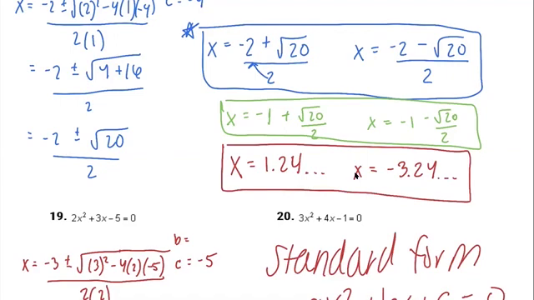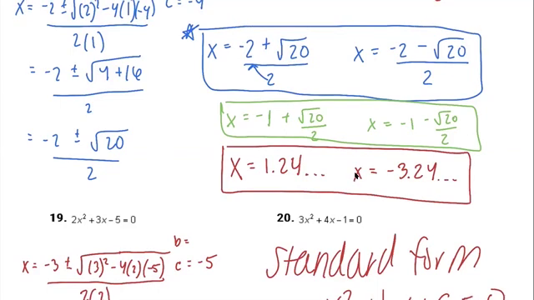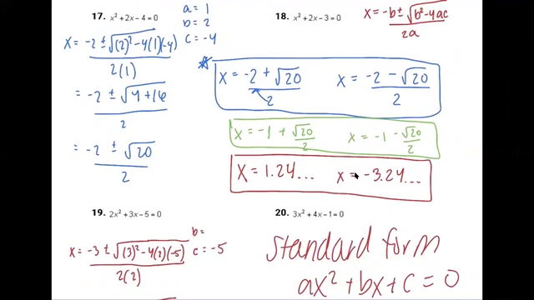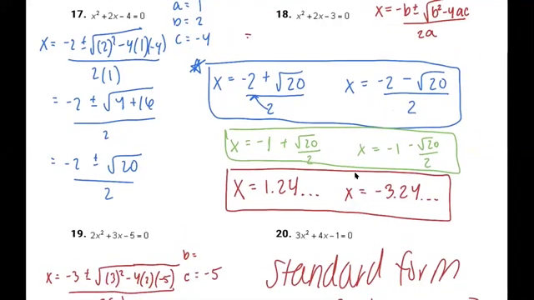Okay, so you could see an answer that looks like this, which just means you need to make sure you're plugging everything into your calculator correctly. So what that would look like is you would type into your calculator -2 plus, I would personally put a parentheses, square root of 20, and all of that is in a bracket, divided by 2.